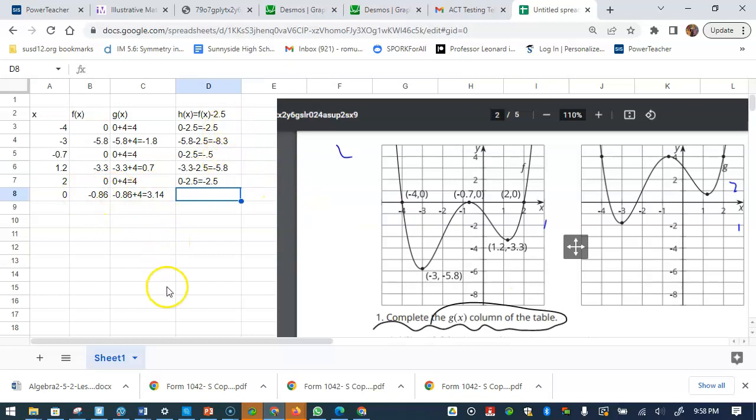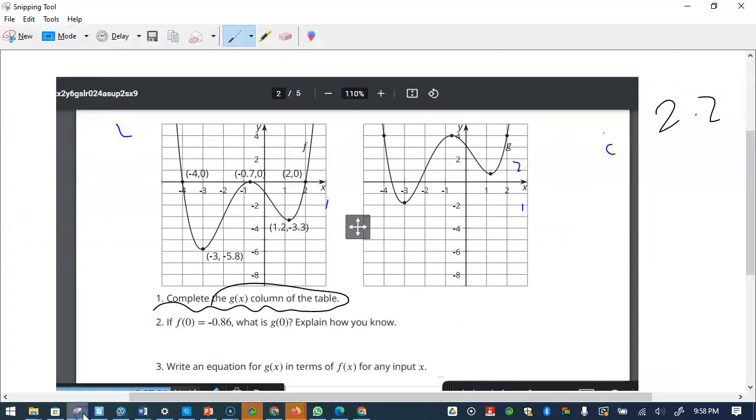So that means the graph shifts 2.5 below, or down, you can say. If you want to sketch this, everything goes down.